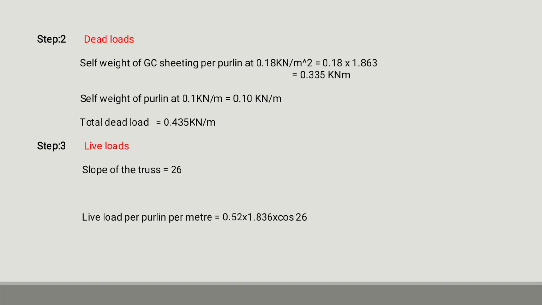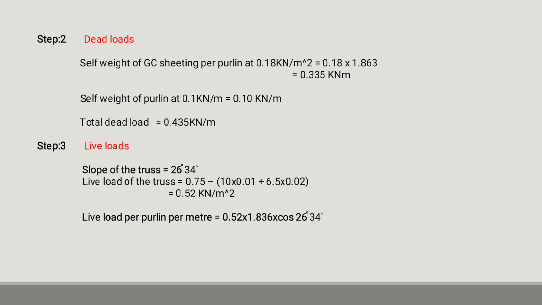Then step number 3, live loads. Slope of the truss is equal to 26 degree 34 minutes. Live load of the truss is equal to 0.75 minus (theta minus 10) into 0.02, which is equal to 0.52 kilonewton per meter square.